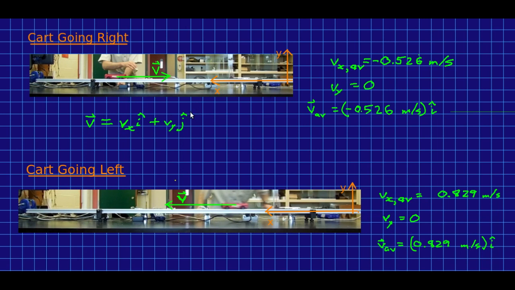So then we would have, during the rightward motion, a negative x component of velocity, and during the leftward motion, a positive one. So whether this component is positive or negative totally depends on our choice of axes, and there's no such thing as a positive or negative direction until you've defined your axes.